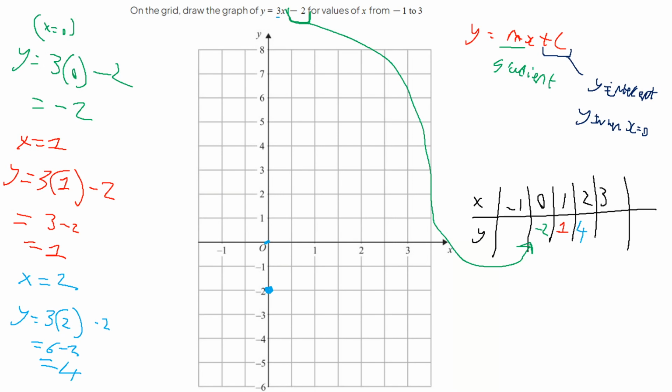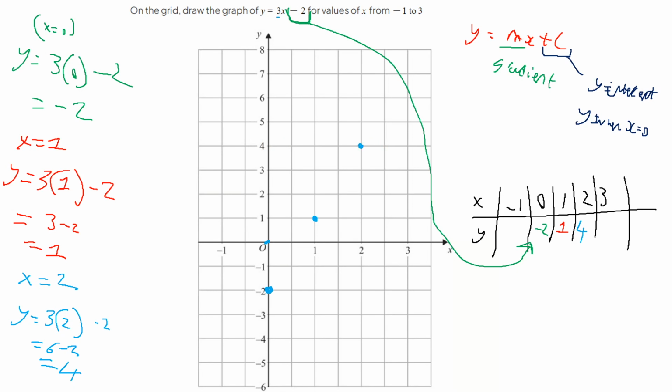For x is equal to 1, y is equal to 1, so we can also put that here. And finally, at x is equal to 2, y is equal to 4, and so our point would be here.